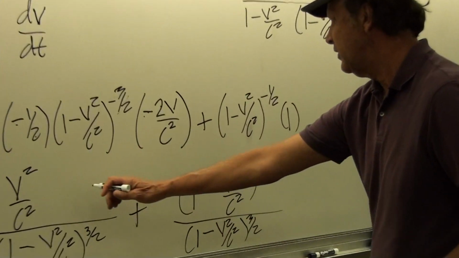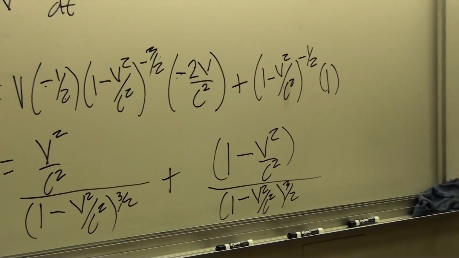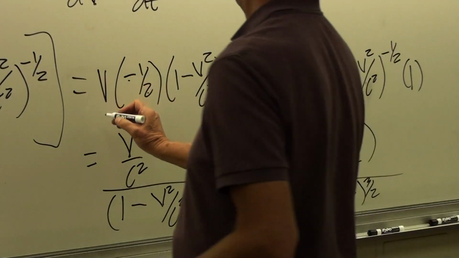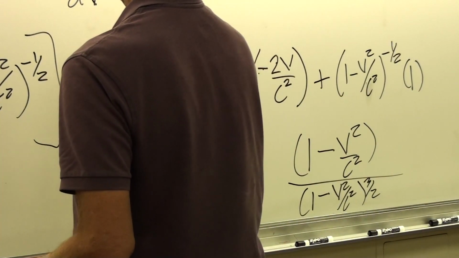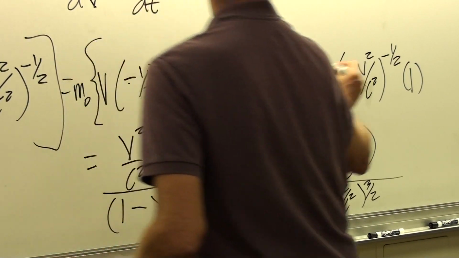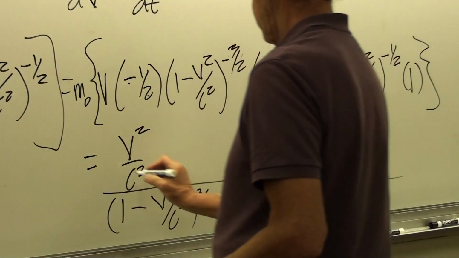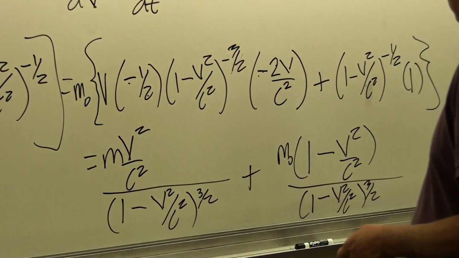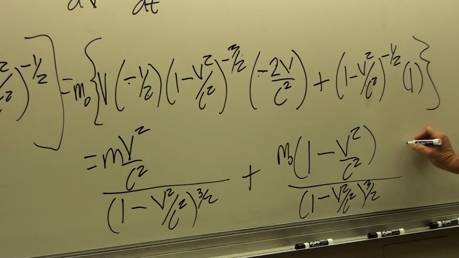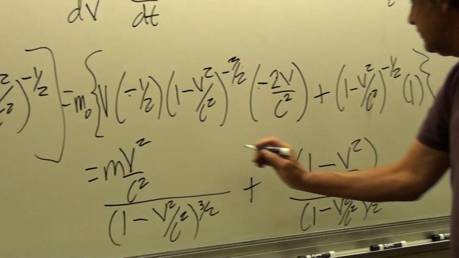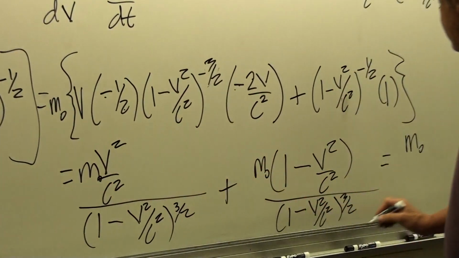So now, these are both under a common denominator, and by the way, the m naught should be maintained here. m naught times this whole thing. This is m naught c squared. This is m naught. All right. So this then becomes m naught. The v squared over c squareds are going to cancel.